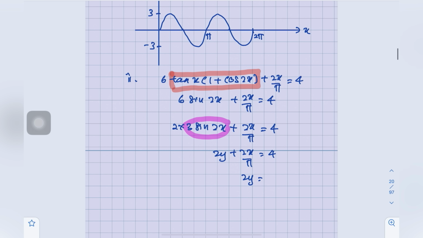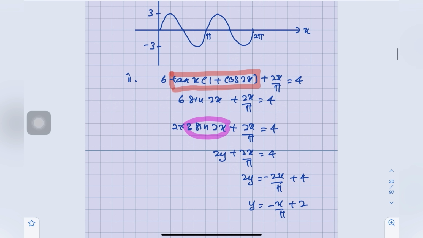So 2y equals negative 2x over pi plus 4. Dividing everything by 2, y equals negative x over pi plus 2. So this is the equation of a straight line. Then we have to draw this straight line on the same axis.